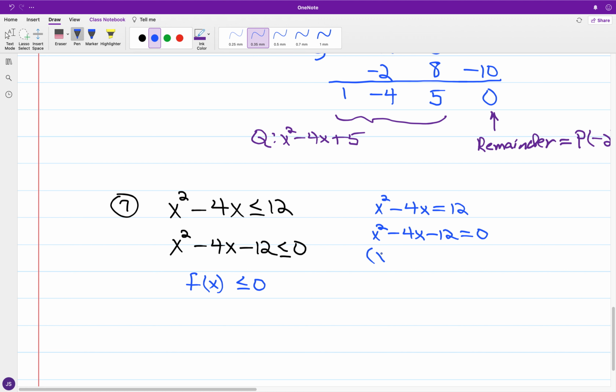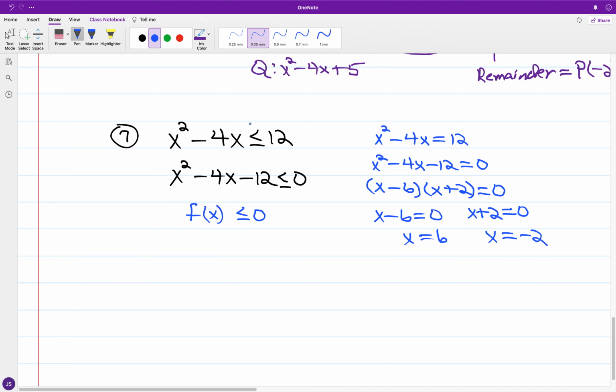With factoring, you have x minus 6 times the quantity x plus 2 is equal to 0. If x minus 6 is equal to 0, then x is equal to 6. And if x plus 2 is equal to 0, then x is equal to negative 2.